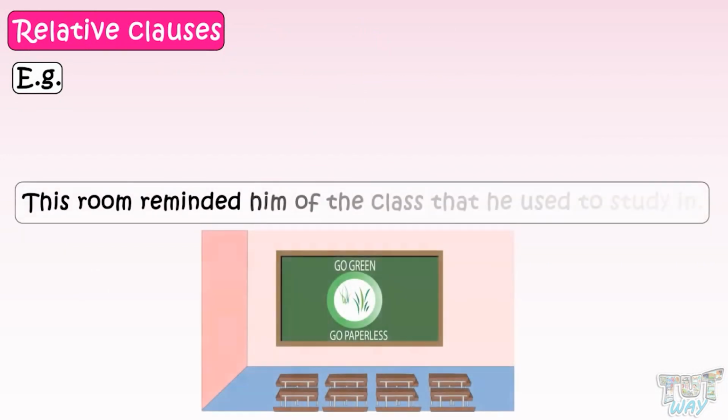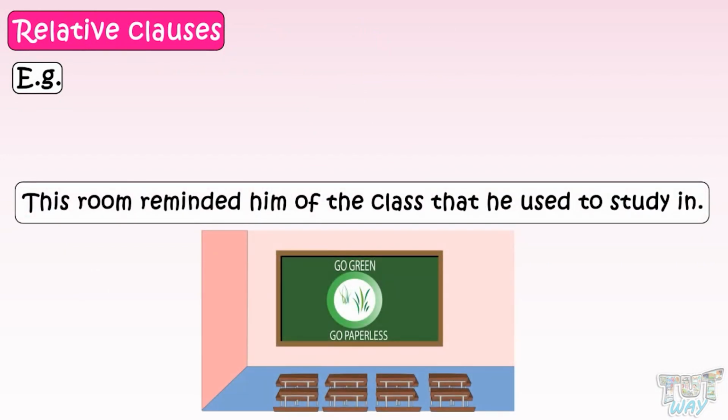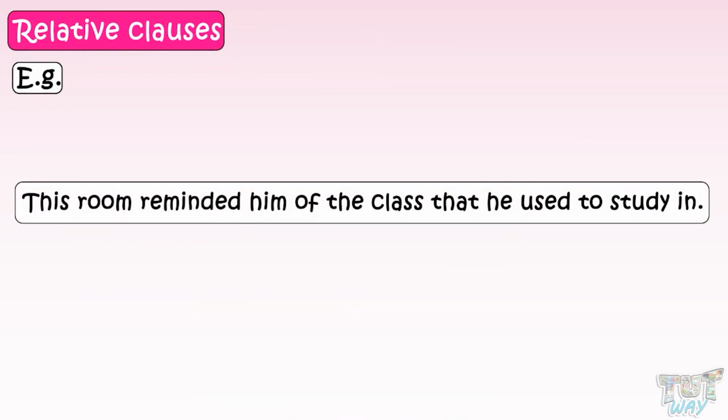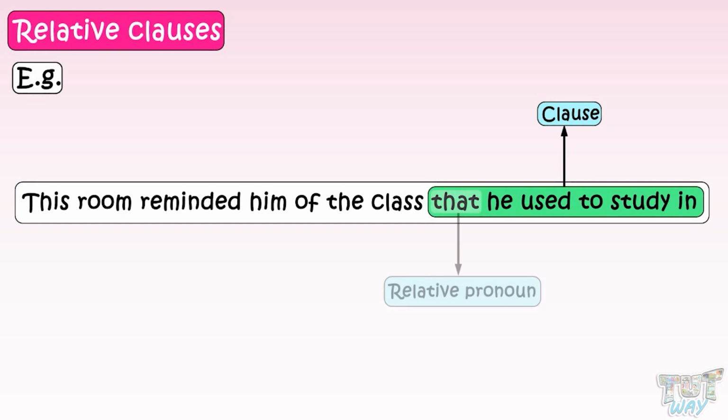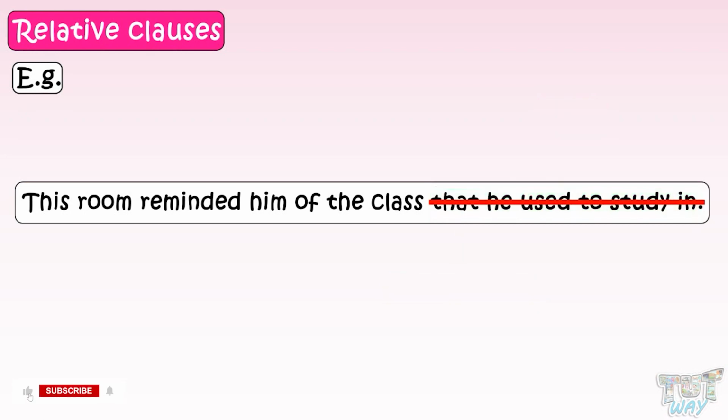This room is reminding him of the class that he used to study in. Here we have a clause that he used to study in, and it begins with the relative pronoun that. Now, whether it's a restrictive relative clause or a non-restrictive relative clause, in order to find that, remove the relative clause and see if the sentence still makes sense.